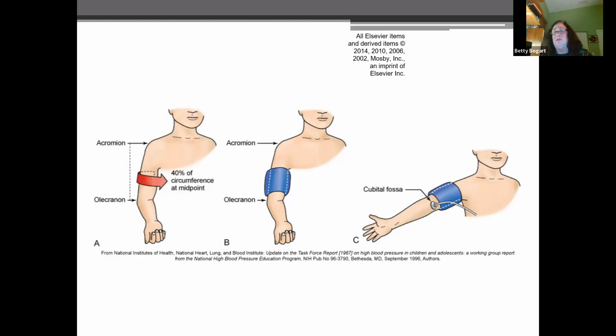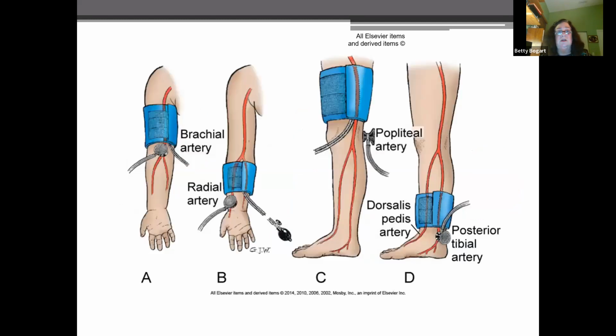And with those electric machines, they're going to have a sundry of different sizes for you to choose. In the toddler preschool ages, I do a lot of the blood pressure looking at the dorsalis pedis and posterior tibial artery, because I could distract them. I could get an accurate blood pressure. You put it on the arm, it gets too tight, they don't like it, and they squirm, they cry. I don't want that.